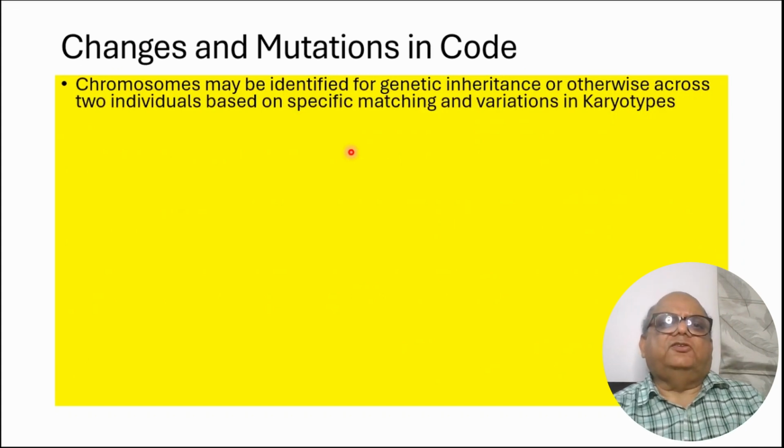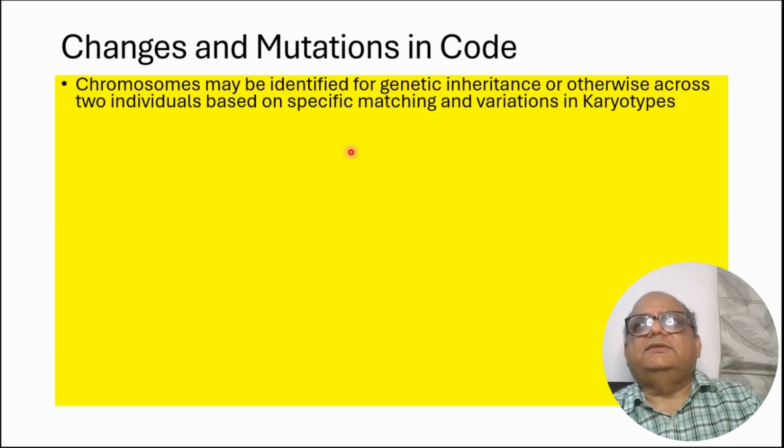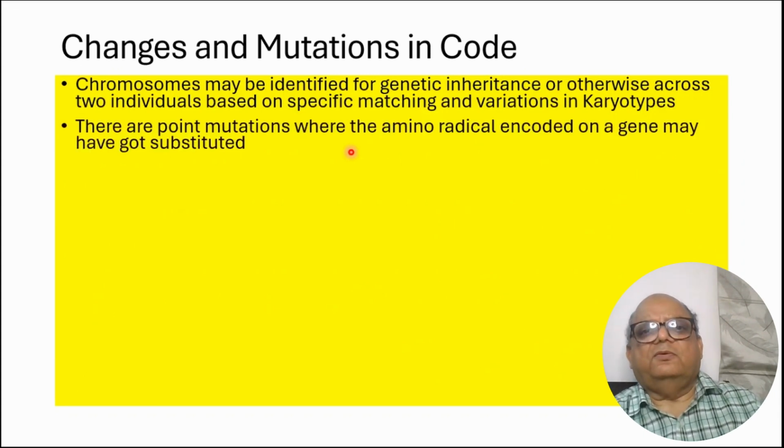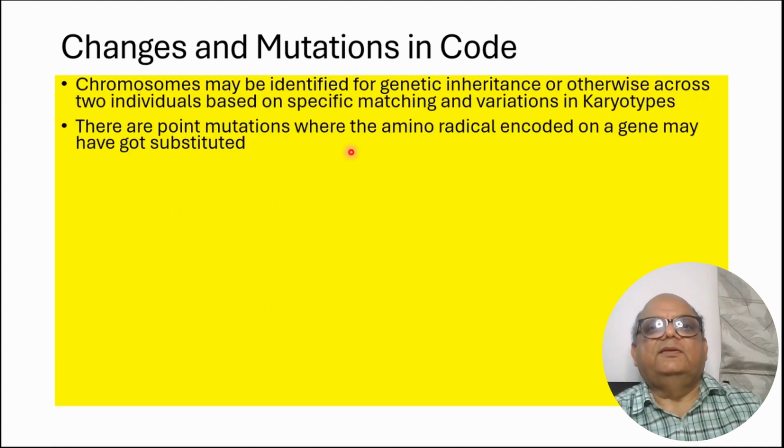But the basis of these is that there are some changes in individuals. No two individuals' genes, chromatids, will look entirely identical. So there are some point mutations where some single amino radical encoded on the gene may have got substituted.